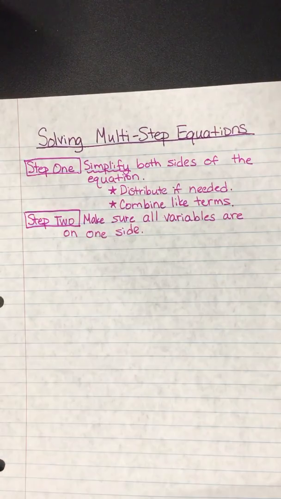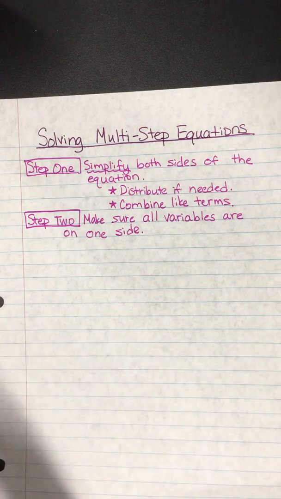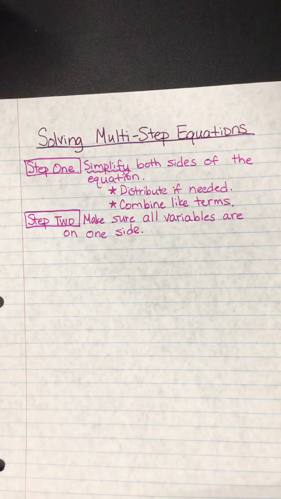It does not matter which side. All of our variables could be on the left. All of them could be on the right. It does not matter. But we can't solve an equation until our variables are on the same side.